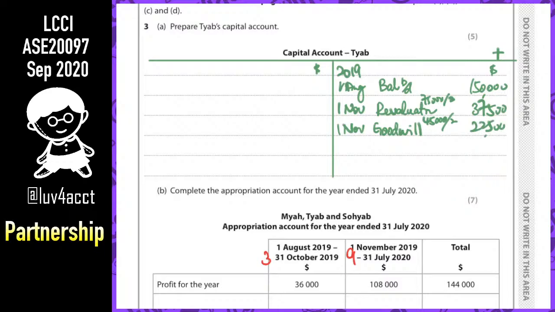And then after the new partner joined, we have to write off the goodwill. So 1st of November, goodwill written off. This time the same amount, but then we have 3 partners sharing the write-off of the goodwill. Okay, so that's it.